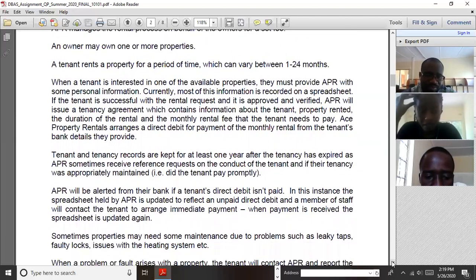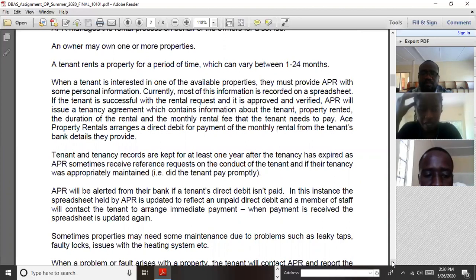APR will be alerted by their bank if the tenant's direct debit isn't paid. In this instance, the spreadsheet held by APR is updated to reflect an unpaid direct debit and a member of staff will contact the tenant to arrange immediate payment. When payment is received, the spreadsheet is updated again.